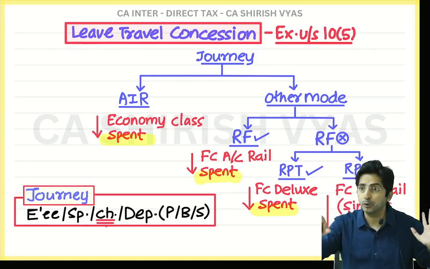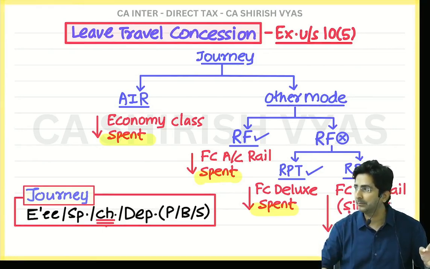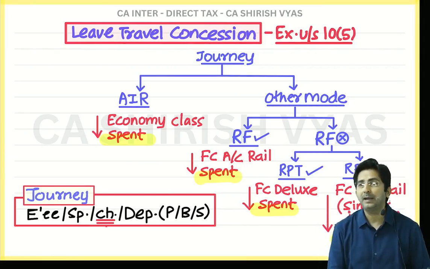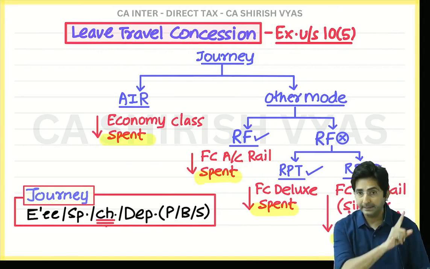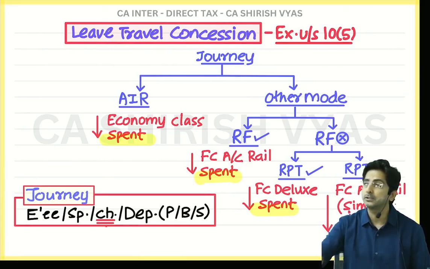And that also, you know when? If the children are born on or after 1st October 98, then only there is a limit of 2 children. You know why like this? Because this came in the 1998 budget.